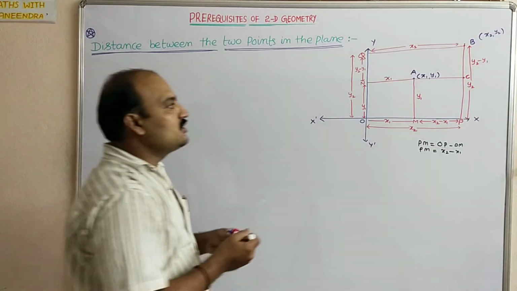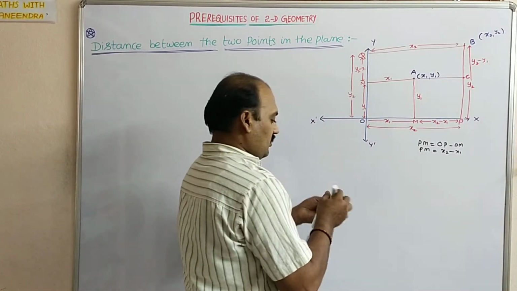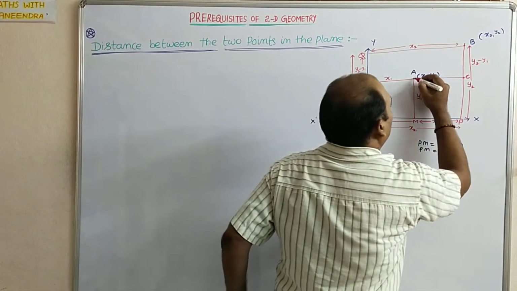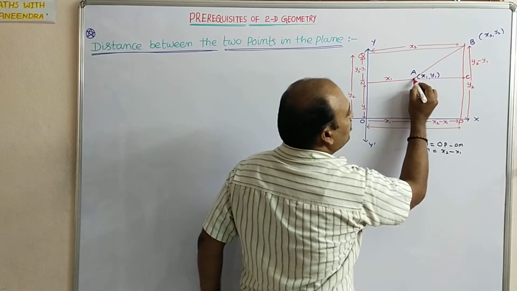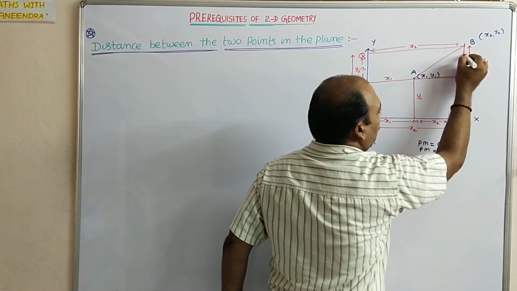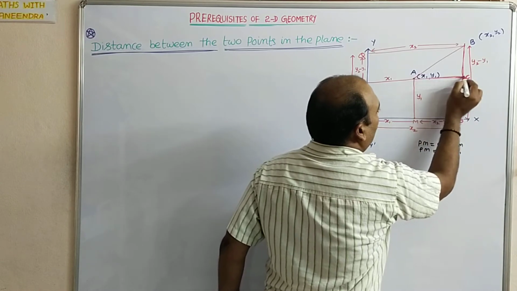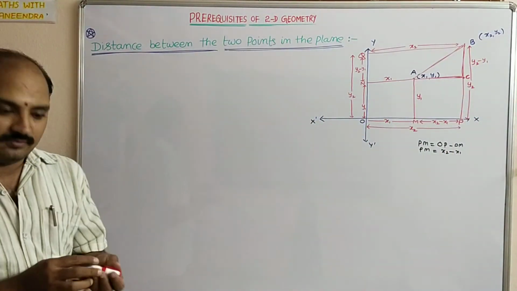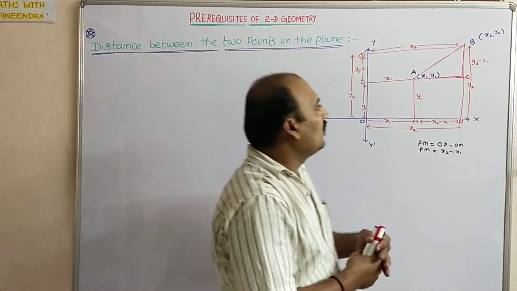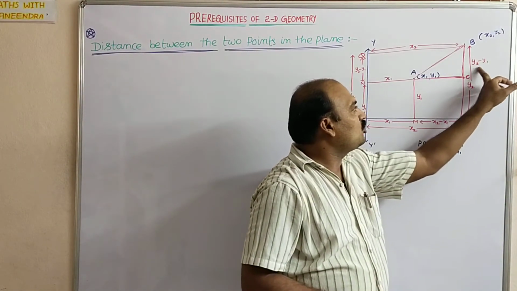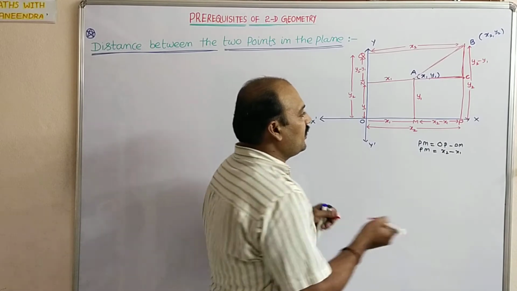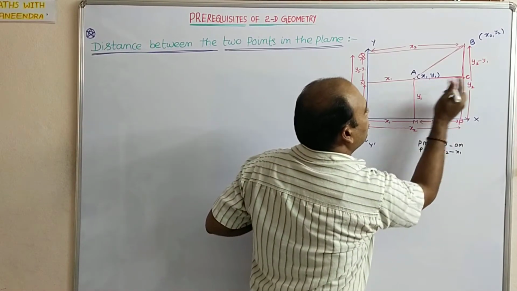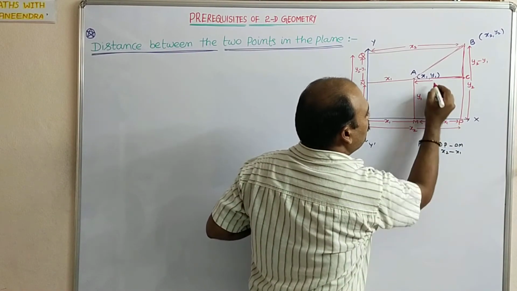Now join these points. Join A and B. So here it is a right angled triangle. I want to calculate the distance between points A and B. BC value is y2 minus y1 and MP is equal to AC. So from here to here is also x2 minus x1.